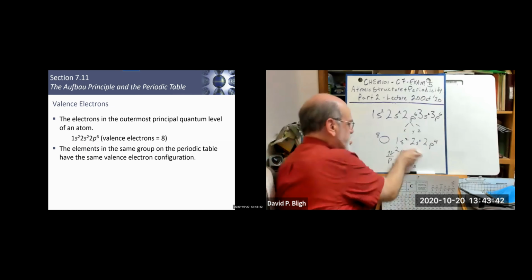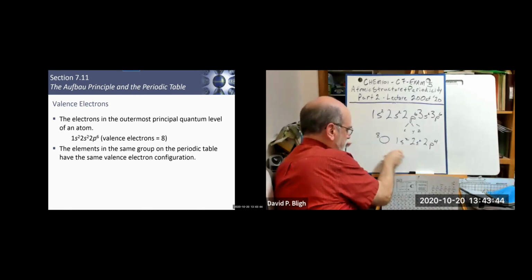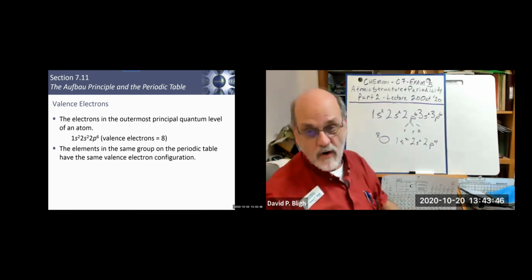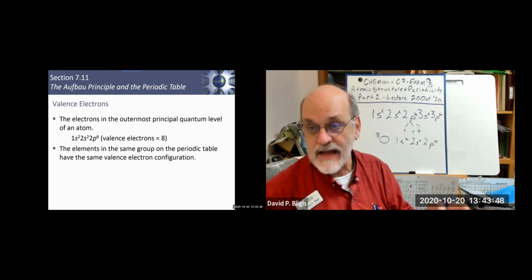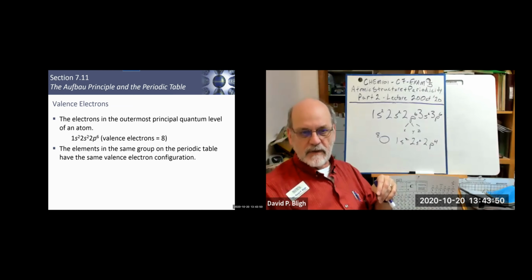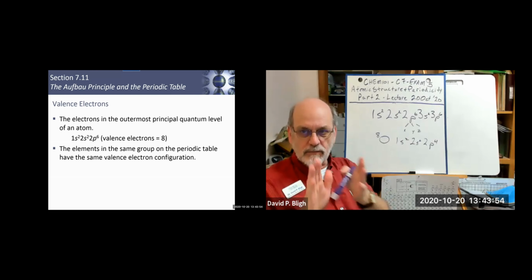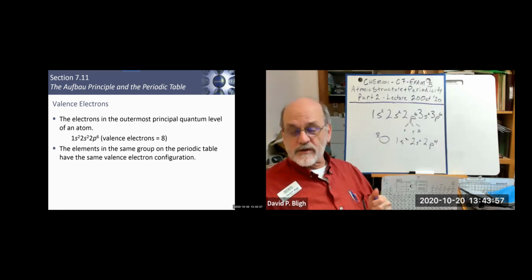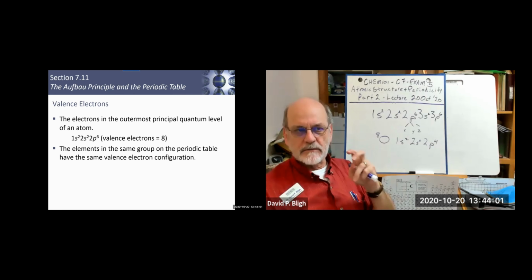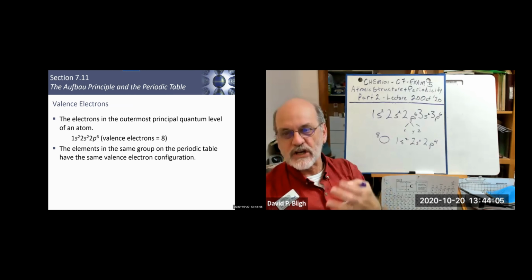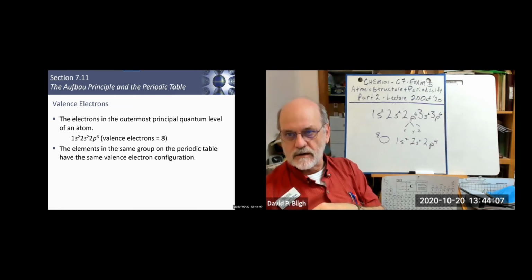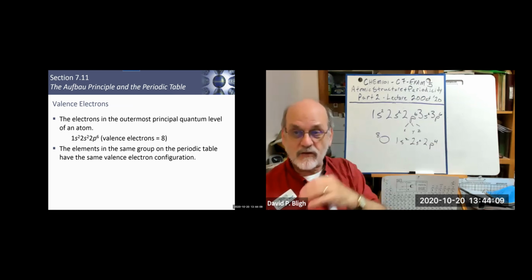Now, another concept that you may have already been introduced to in some other classes. I think anatomy and physiology do it when they have a little blurb on chemistry, the importance of the valence electrons. The valence electrons help us do a rough approximation or a prediction for how atoms are going to react with one another.